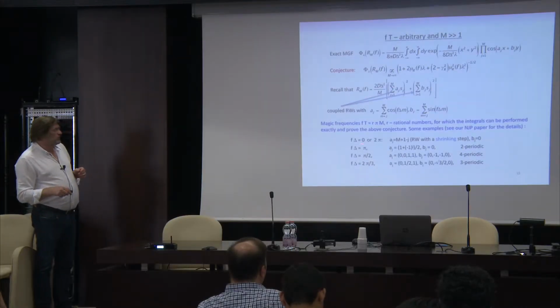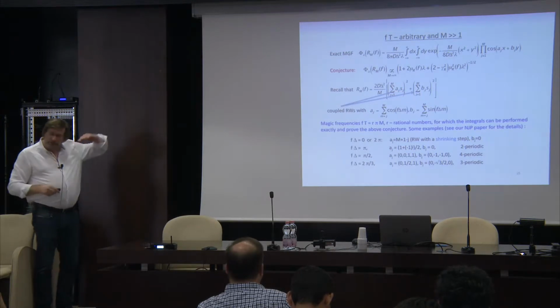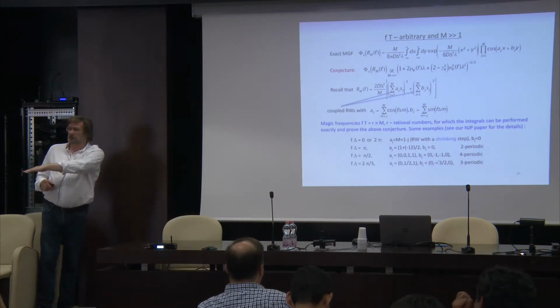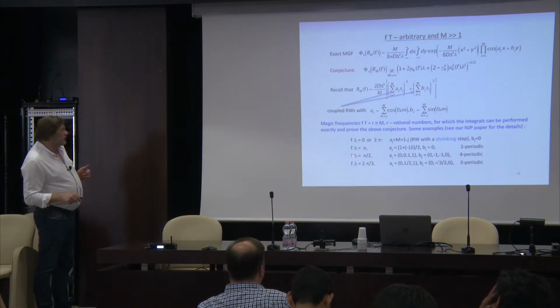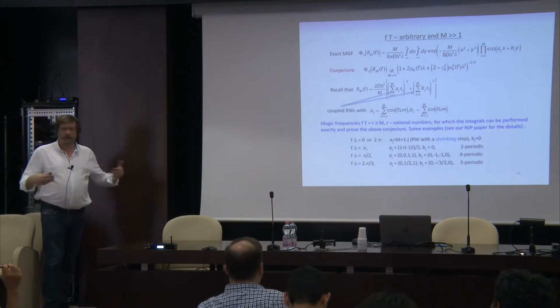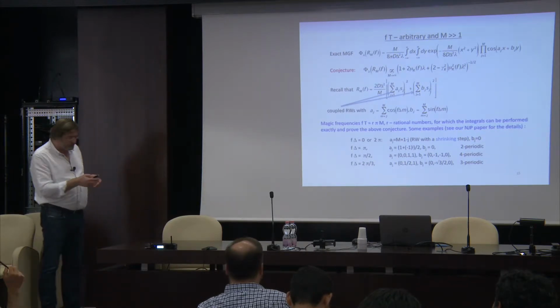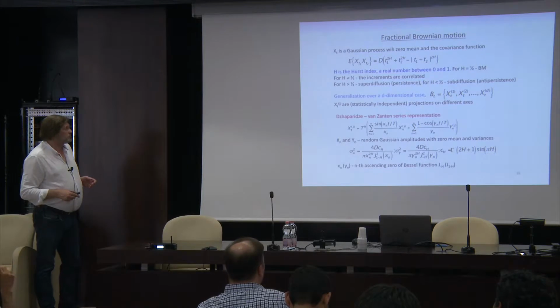For instance, at 0 or pi, the extremities of the prime period, the aj coefficient which enters here is a linearly decreasing function of the number of steps. Then you have other cases, at 1/2 of the period, at 1/4 of the period, at 2/3 of the prime period. In this case, the values for aj, bj, the jump length, very much simplify, and you can carry out the averaging exactly. If someone is interested, in our new Journal of Physics paper, it is discussed in pretty much detail.